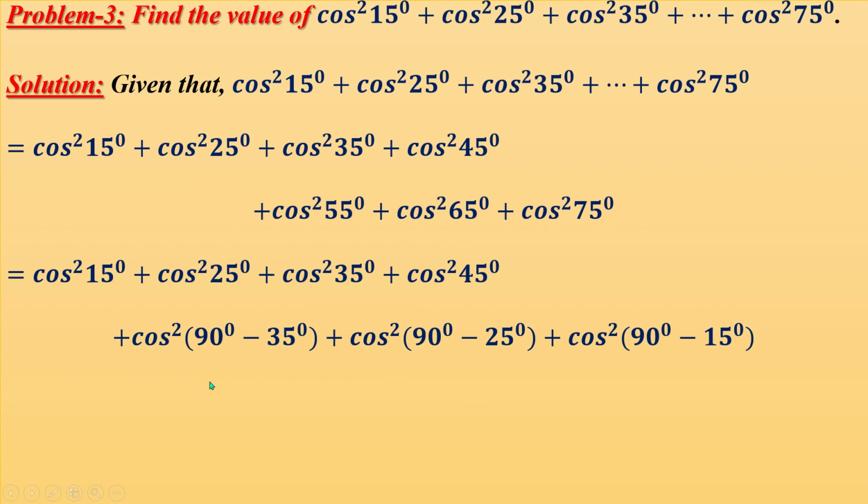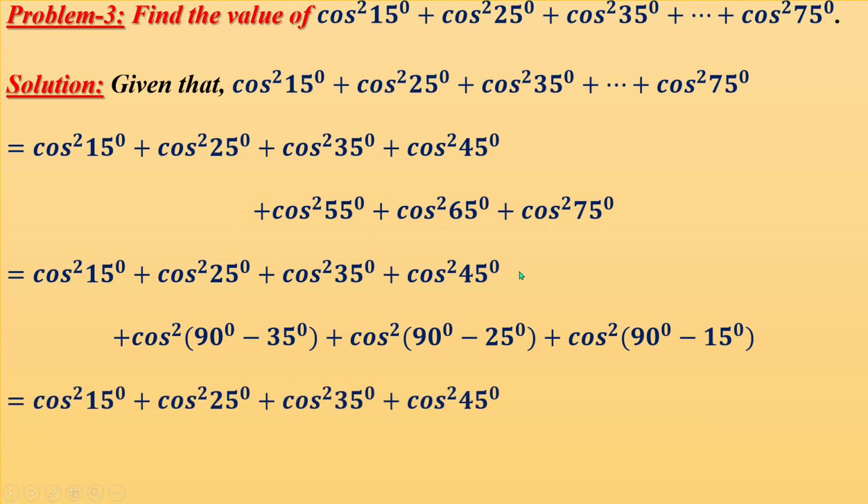The first 4 terms are fixed, and as the number of right angles is odd, cos becomes sin, here also sin, here also sin. As it is a square, the sign, plus or minus, doesn't matter.